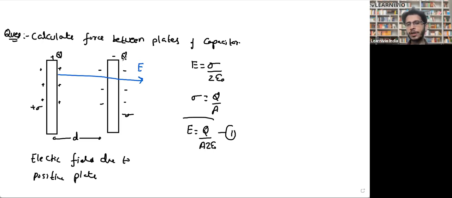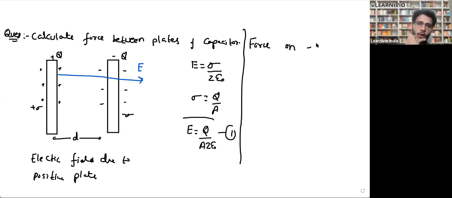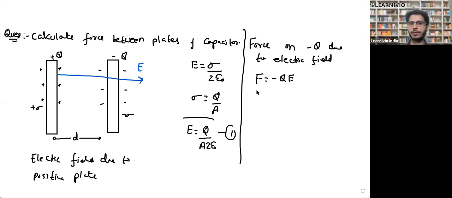So in this electric field, we place a negative charge. This field will exert force on this negative charge. So next we can calculate the force on minus Q due to the electric field.